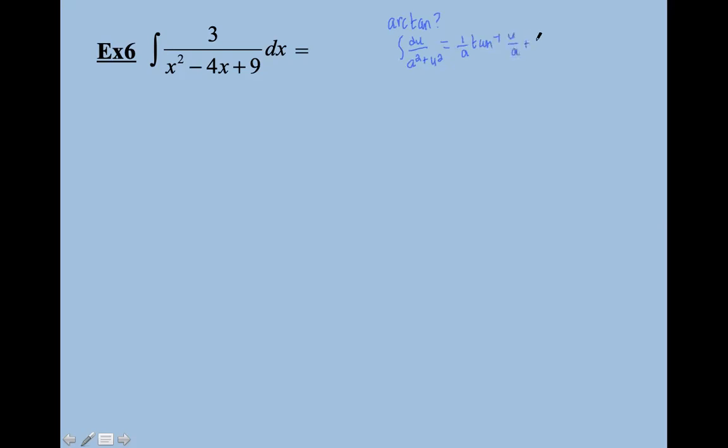Remember, arctan is the same thing as tan to the minus 1. So I'm wondering if it can possibly be this. Well, I don't really have something squared plus something squared. So the question is, can I rewrite this somehow and get it to look like the sum of two squares?